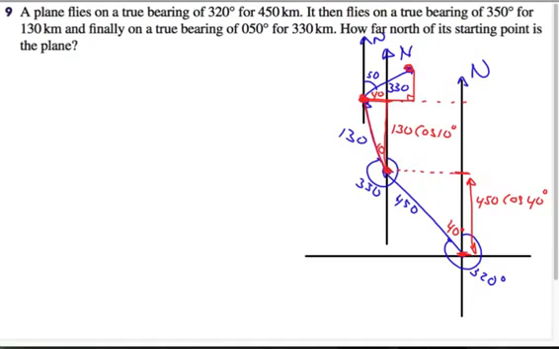So now I'm no longer after the adjacent, because this triangle is oriented in a different way. I'm after the opposite here, this distance. So instead of the cosine, I need to use the sine function, SOHCAHTOA, opposite over hypotenuse. So this is 330, the hypotenuse, times the sine of 40 degrees.